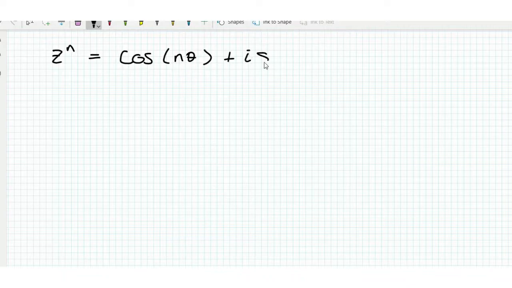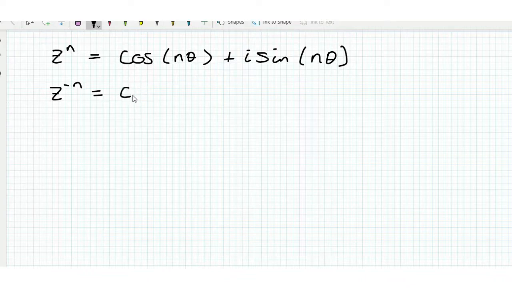If z is equal to cos theta plus i sin theta, then z to the n is equal to cos n theta plus i sin n theta, as I'm sure you're familiar with by now, and z to the power of minus n, well, this is equal to cos minus n theta, but cos is symmetric about the y-axis, so it's an even function.